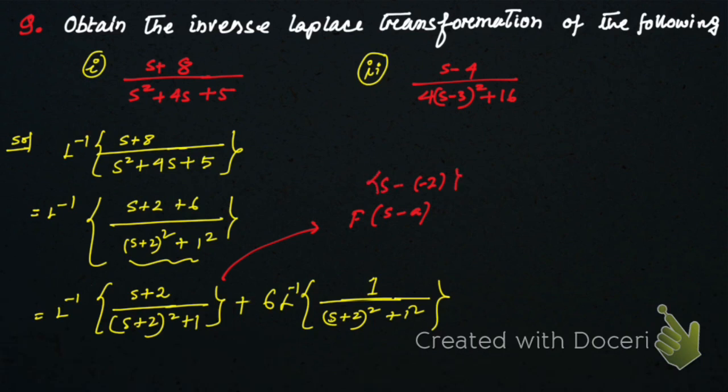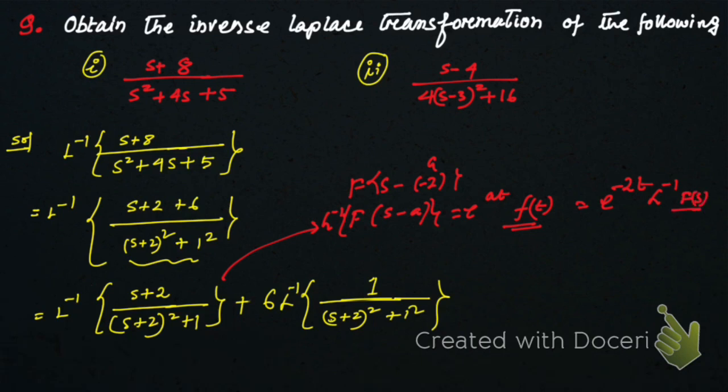If that is the case, then inverse Laplace transformation of this is equal to e to the power a t f of t. So here a is minus 2, so we will get e to the power minus 2t, and f of t is nothing but inverse Laplace transformation of f of s.